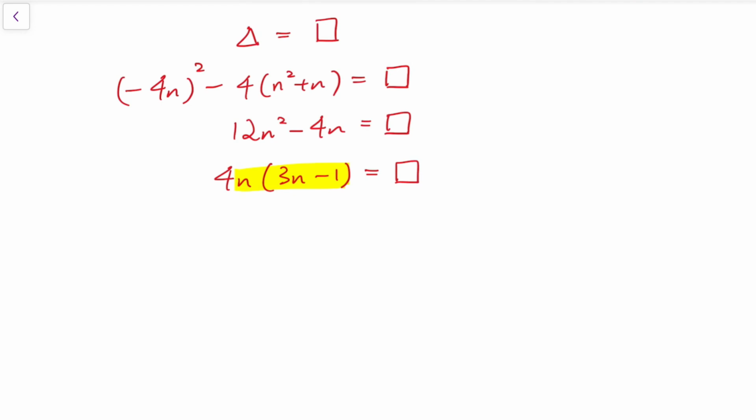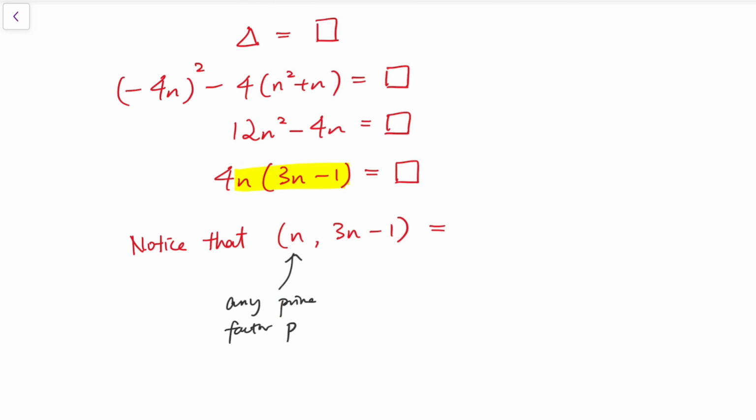We can further decompose this by noticing that the greatest common divisor, or in short, the GCD, of n and 3n minus 1 is actually equal to 1, because any prime factor that divides n also divides 3n, but not 3n minus 1.